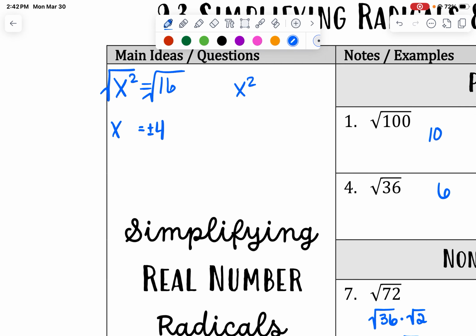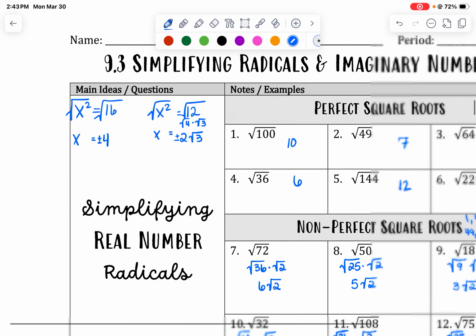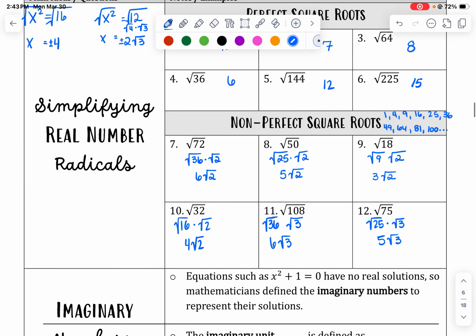Now we're going to do the same thing for 17. We have the square root of -1 times the square root of 32, which we can break into the square root of 16 times the square root of 2. So we get i times 4 times root 2, or 4i root 2.